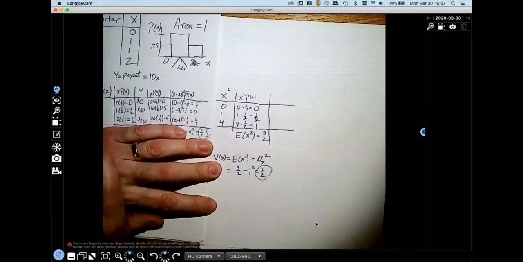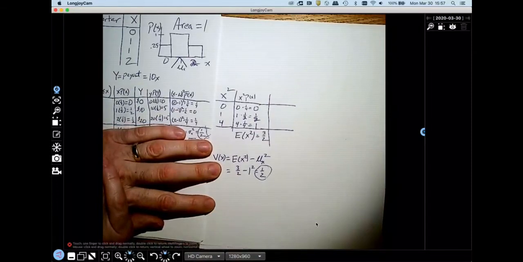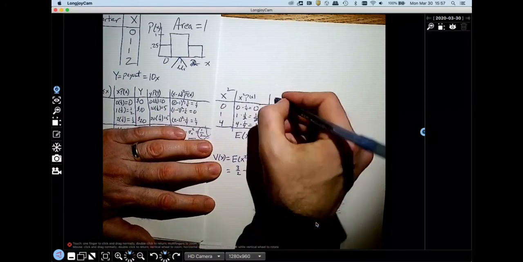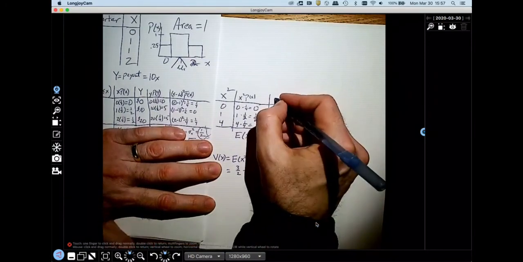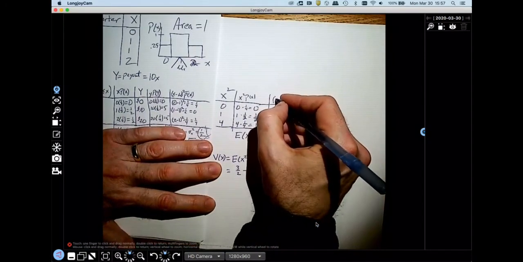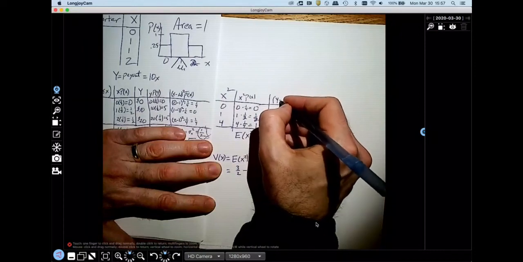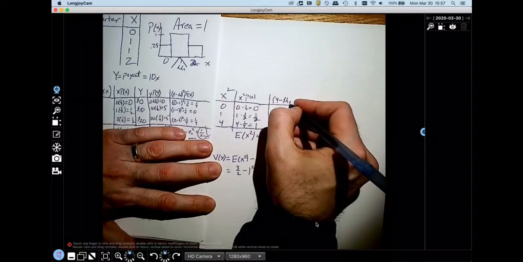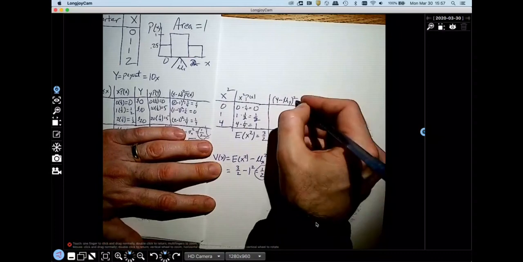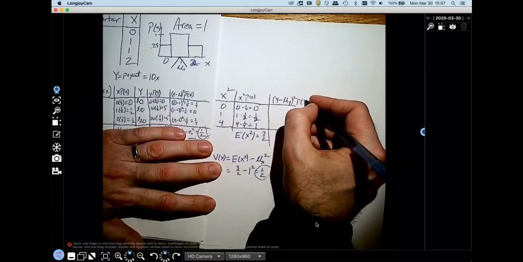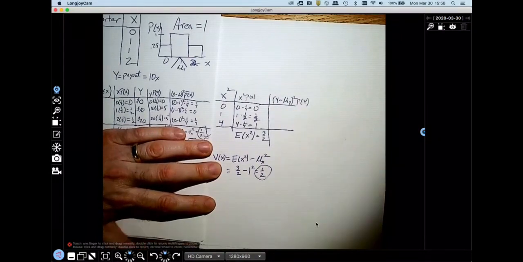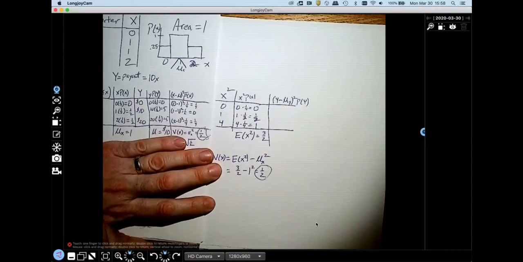I'm going to first find the variance of y the hard way. So let's go find y minus the mean of y squared, and then you can multiply this times the probability of y. So let's go write this stuff in.